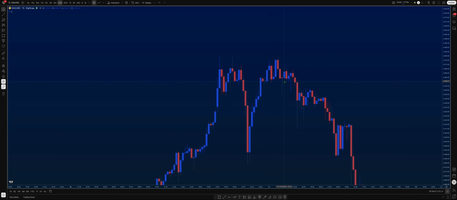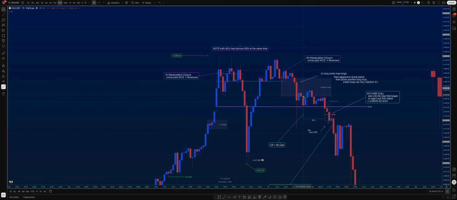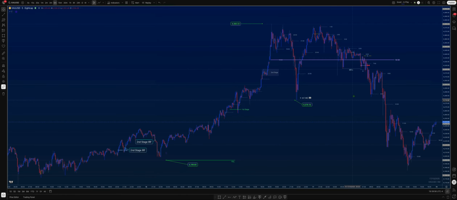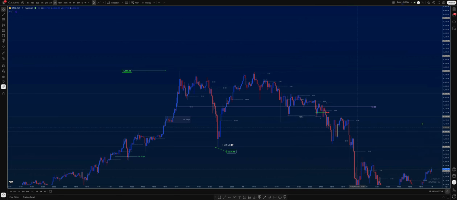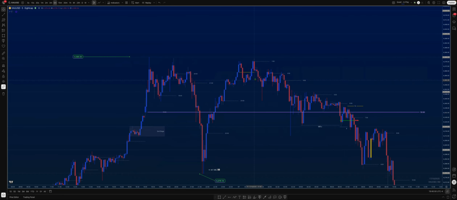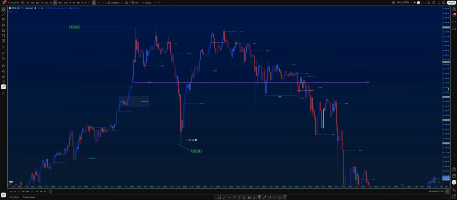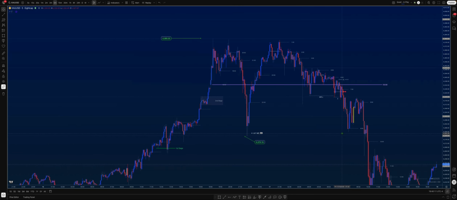And then you can start building onto that and looking for that market maker model framework from that point. And that's what I was showing on the low time frame before. We have the retracement, first stage, second stage, and then second stage sells off down to here. But then if you zoom out, you can then find on the high time frames, the high time frame fractals as well.